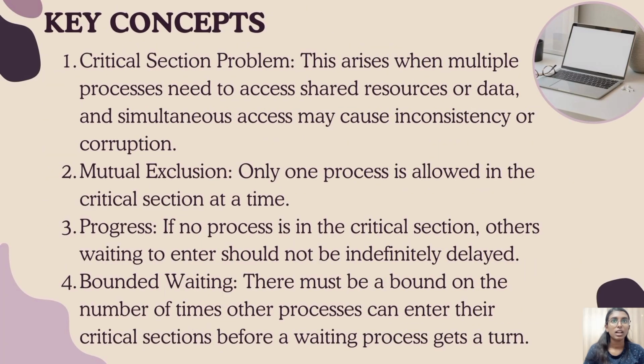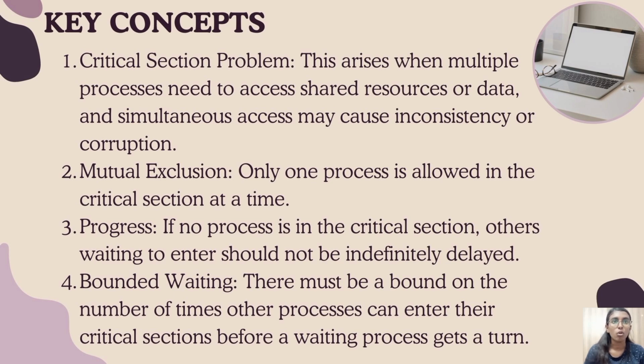Key concepts. Critical section problem. This arises when multiple processes need to access a shared resource or data, and simultaneous access may cause inconsistency and corruption. Mutual exclusion: only one process is allowed in the critical section at a time.